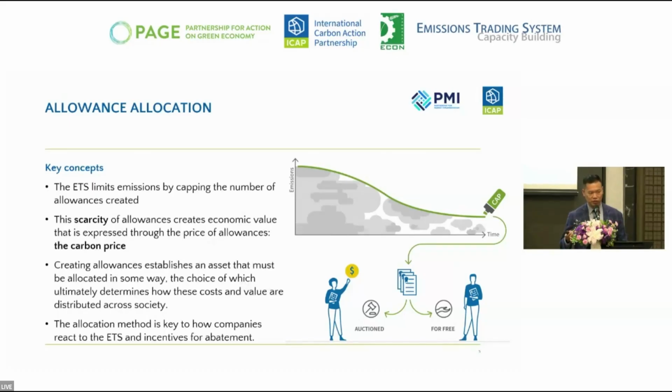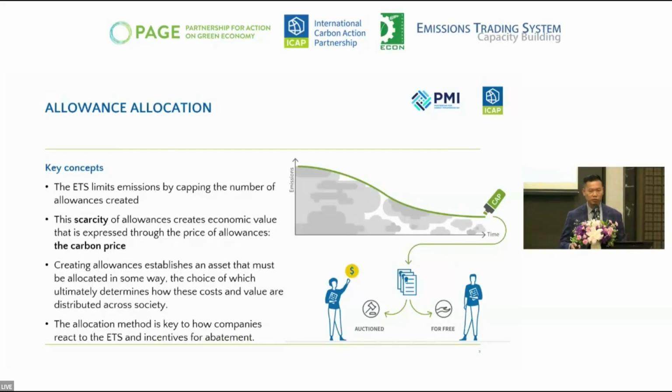There's a limit and there is a trade. So we need to create allowance, establish an asset and allocate it in some way. Then this method is the key to how companies react to the ETS.